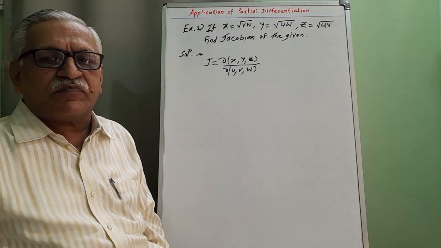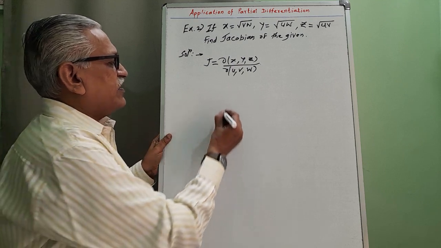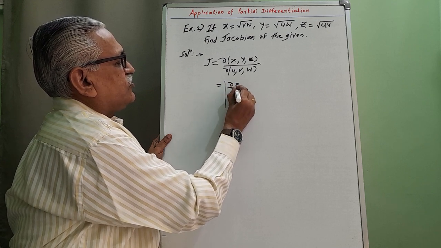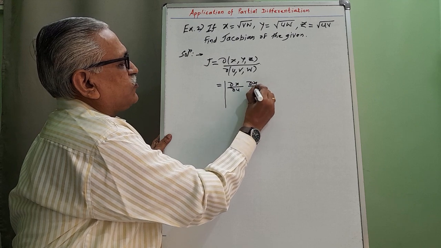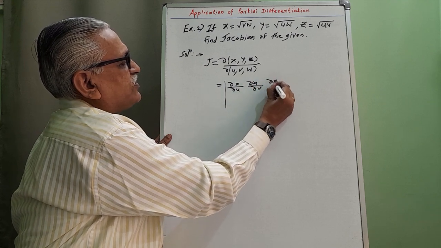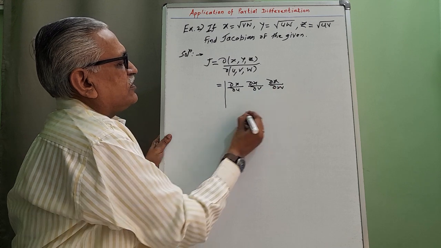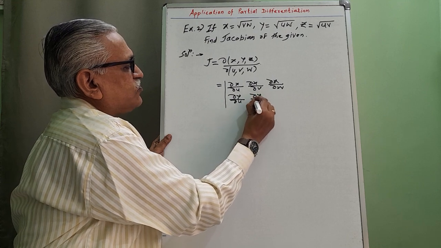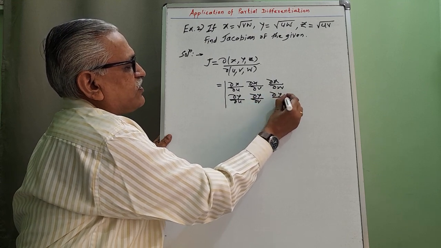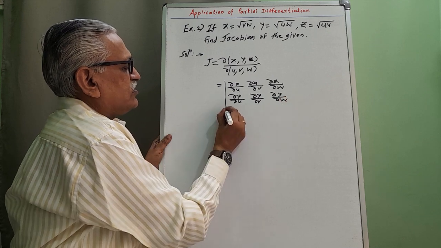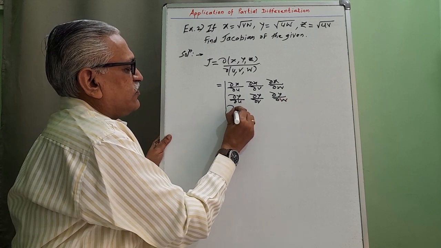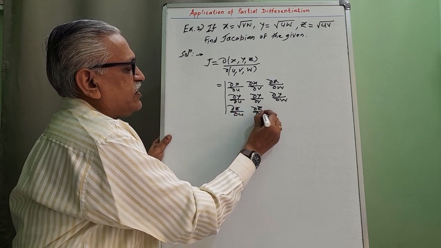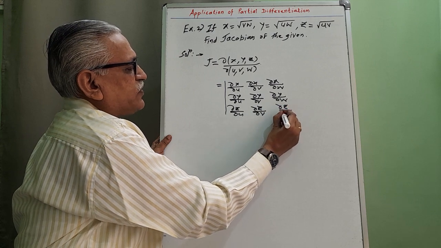x, y, z are functions of three independent variables, and therefore as per definition it is nothing but differentiation of x with respect to u, then with respect to v, and then with respect to w, then differentiating y with respect to u, v and w, differentiating z with respect to u, with respect to v, and with respect to w.